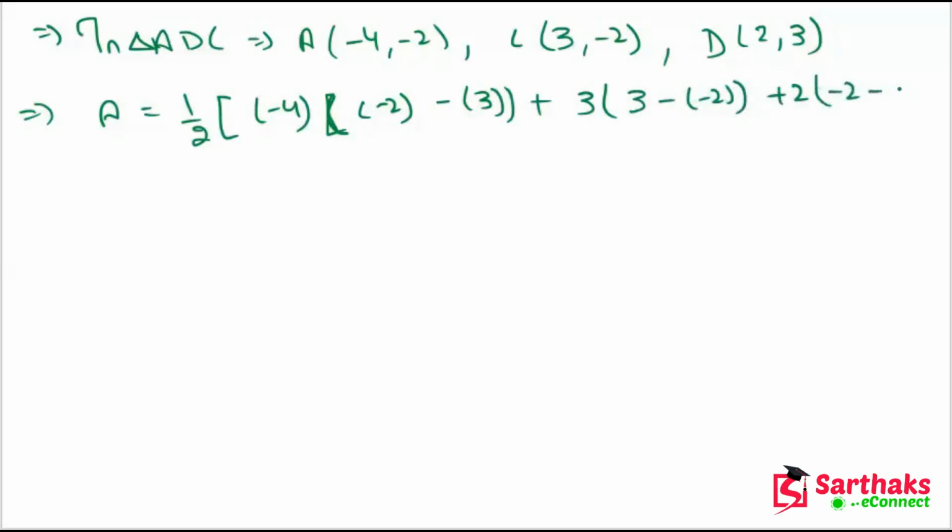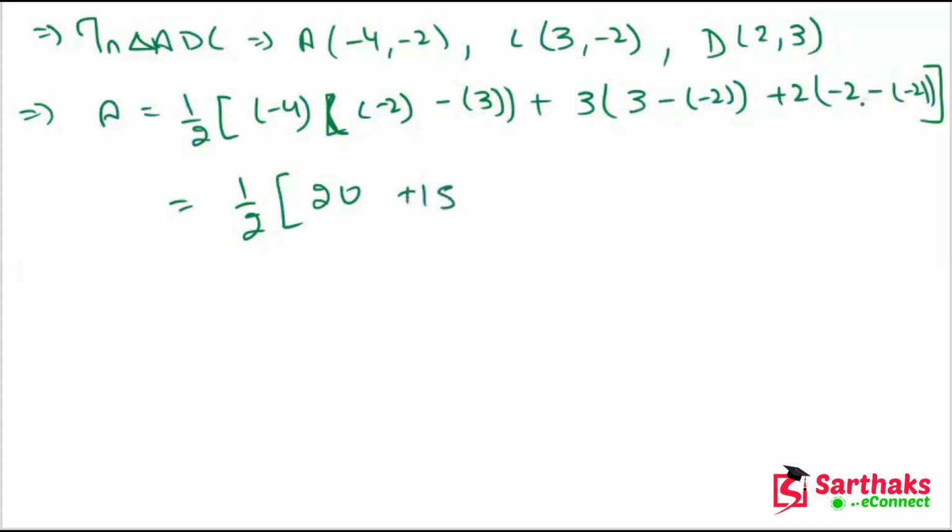Now if we solve this, -4 into (-2 - 3) is -4 into -5, and if we multiply this we get 20. Solving the next term, 3 minus (-2) means 3 plus 2 is 5, and 5 into 3 we get plus 15.